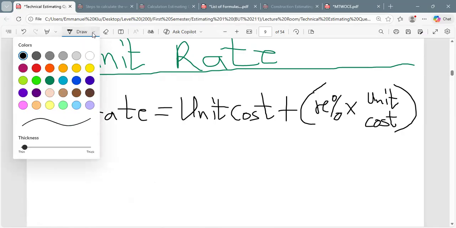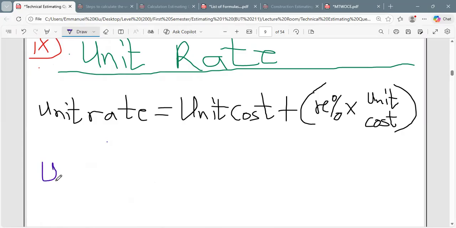So this is my unit rate. My unit rate is equal to the unit cost. Which unit cost are we referring to in this case?